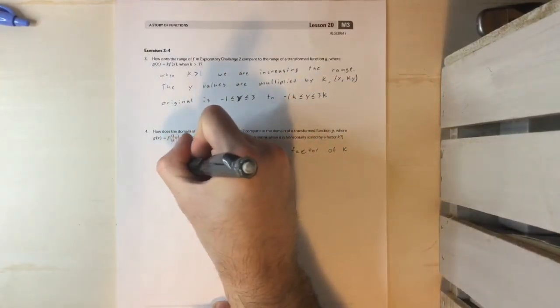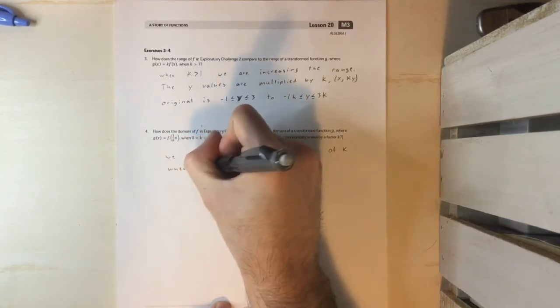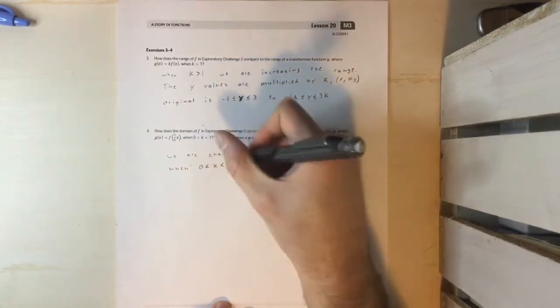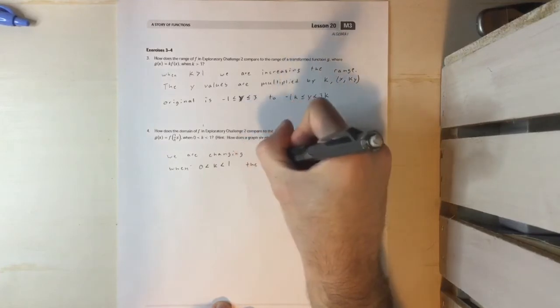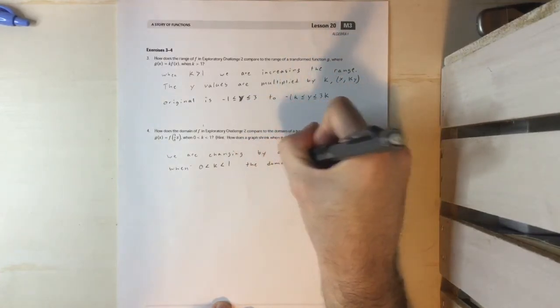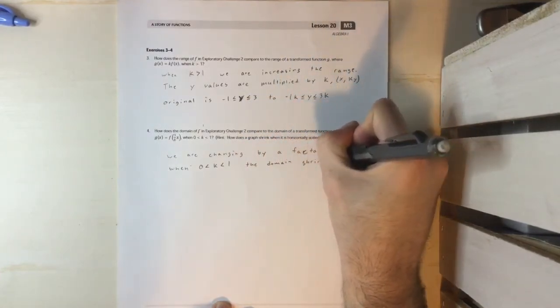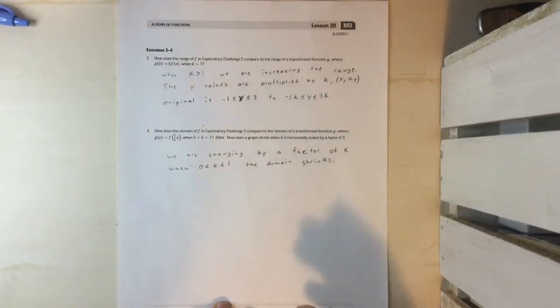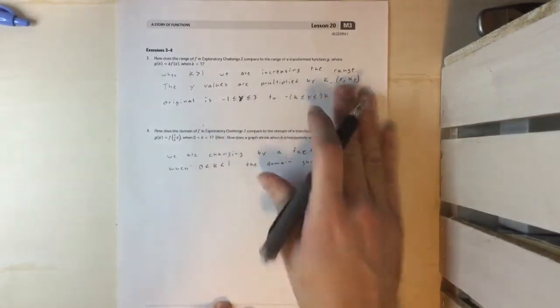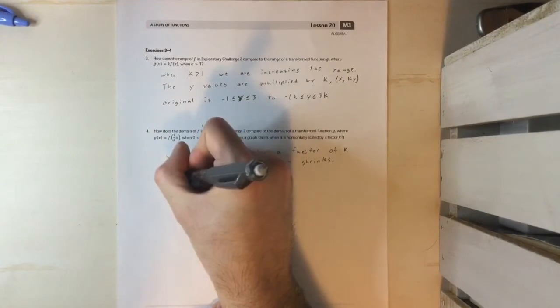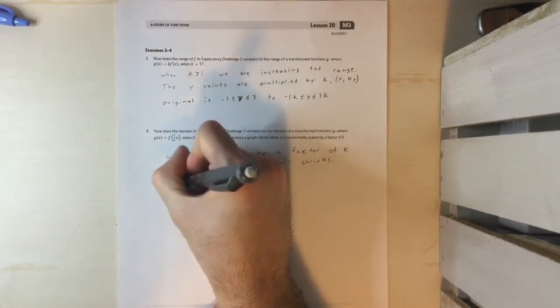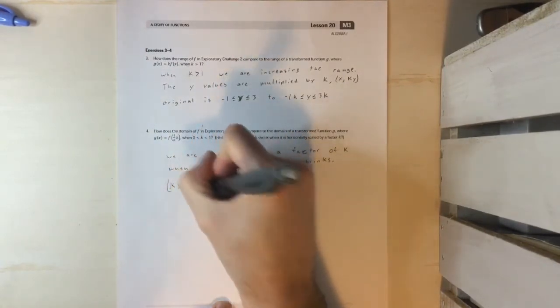So when 0 is less than k, which is less than 1, the domain will shrink. So then it's kind of the same thing up here. Our x values are multiplied by k, and y is the same.